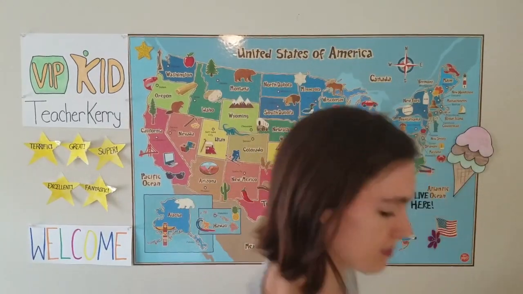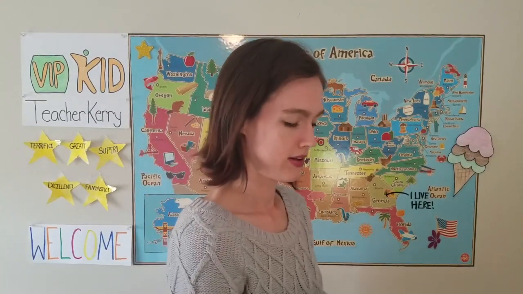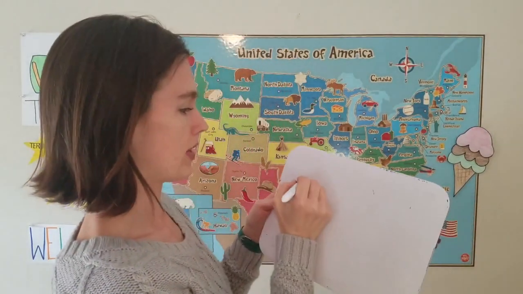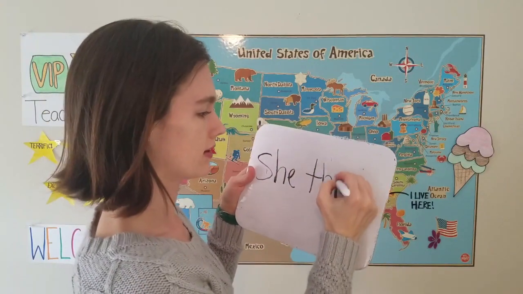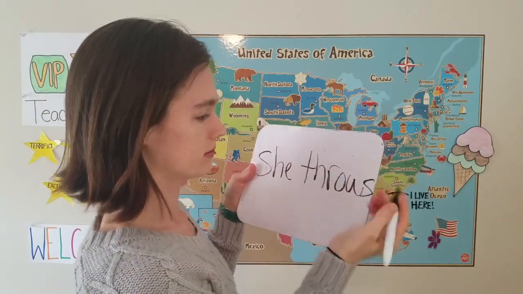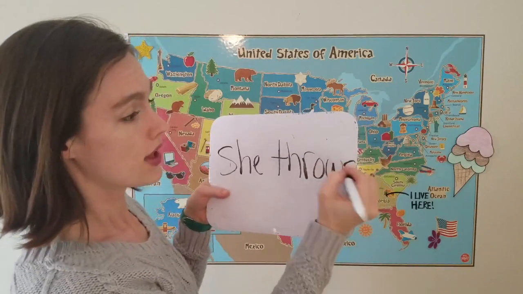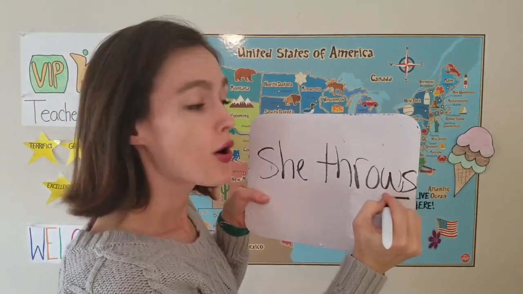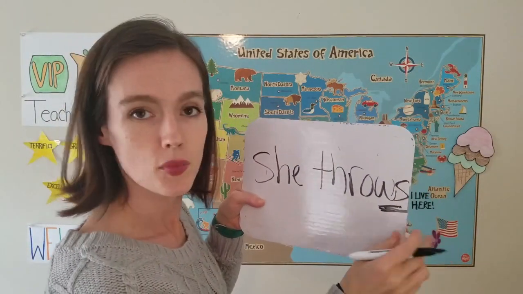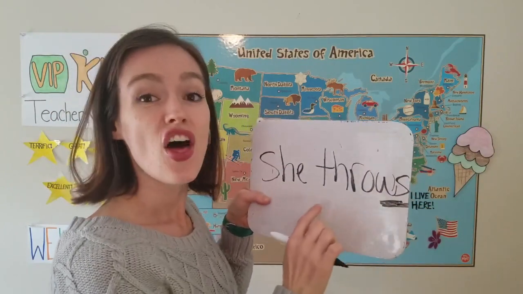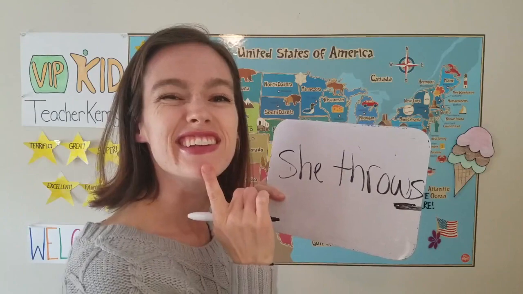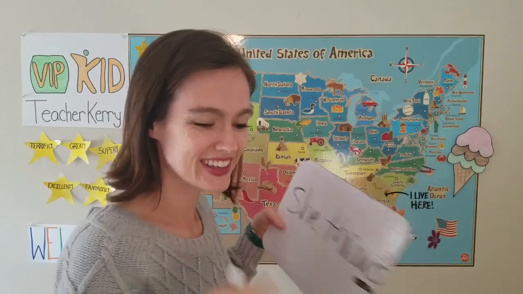And then I might take my whiteboard and I might write on it, she, if they're really struggling with this concept, I didn't write this very well, but I would write, she throws, and my S is off the whiteboard, but I would underline the S and emphasize, she throws. Good, very good. Just make it very positive.